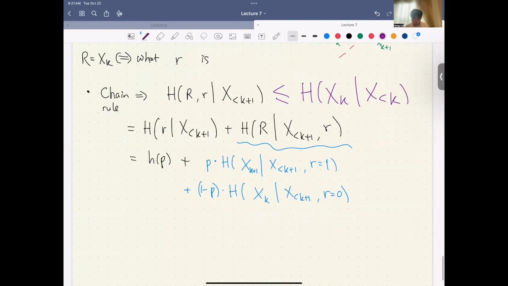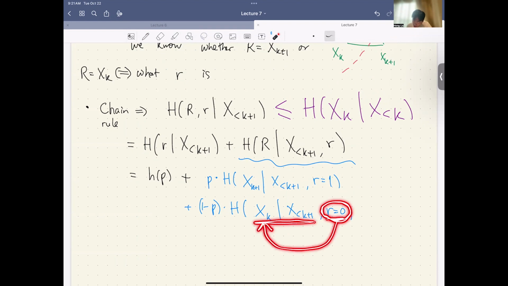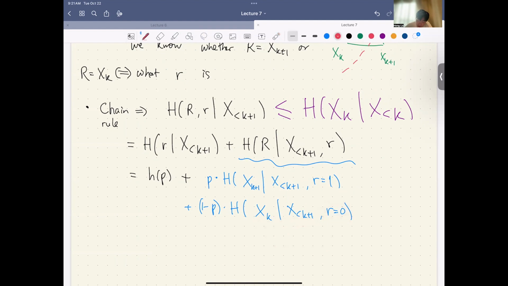I think something can cancel out. Which ones? Here, this one. Now, R is independent of xi's. So here, it plays no role in the additional information of xk. So we can drop this R equals 0 without changing the entropy.